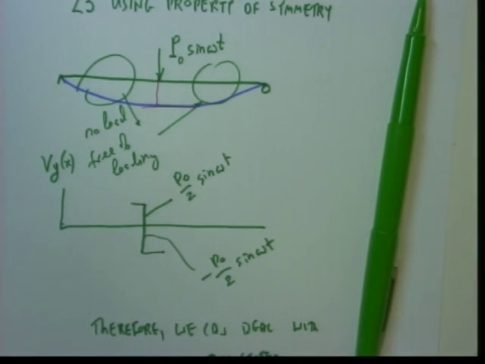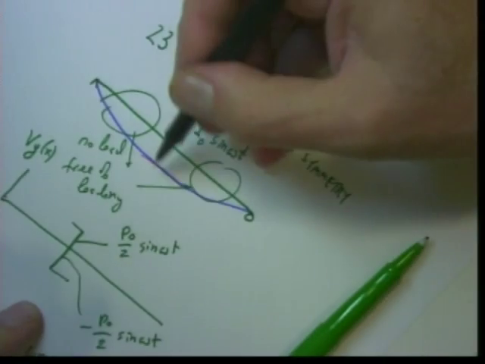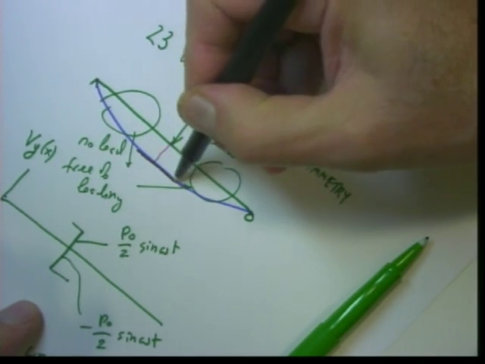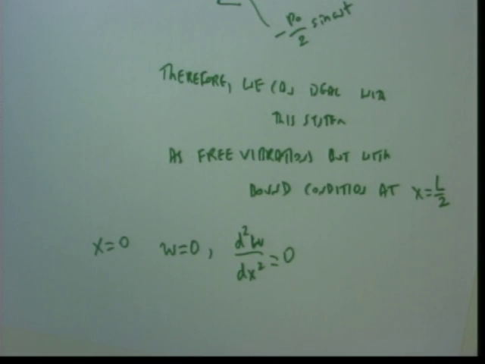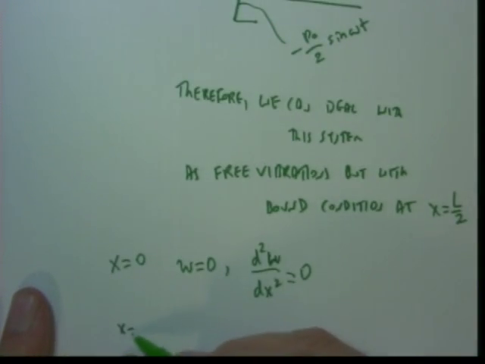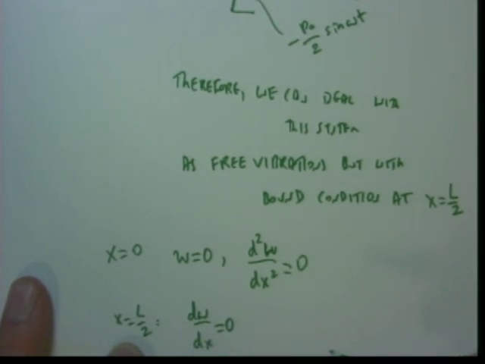So at x equals L over 2, dw/dx must equal 0.